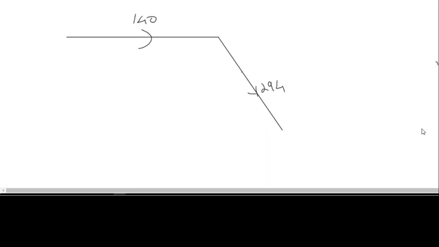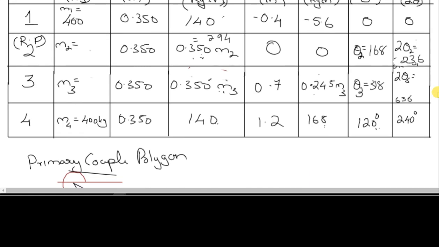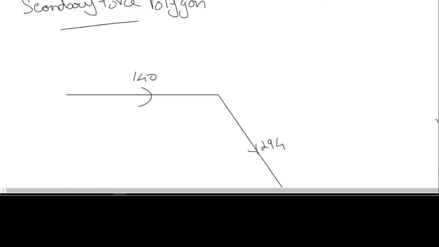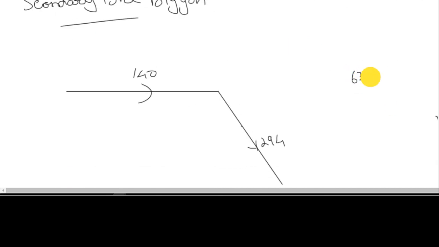Then the third one will be at an angle 636. 636 you can take as 636 minus 360. How much will it be? It will be 276, if I'm not mistaken.